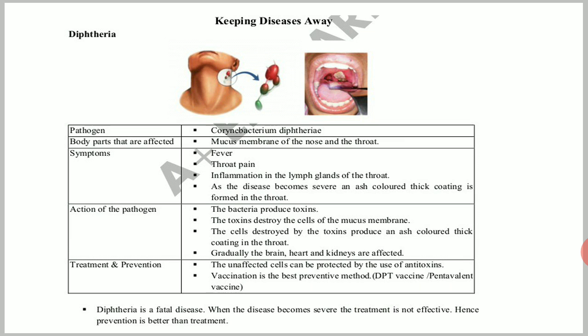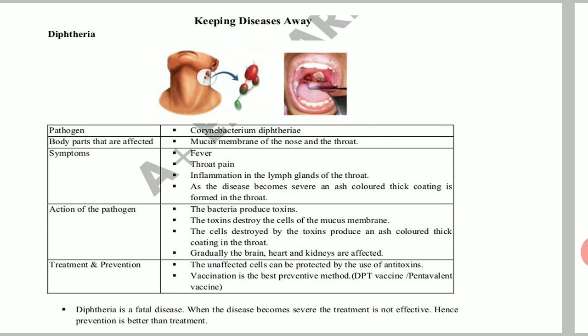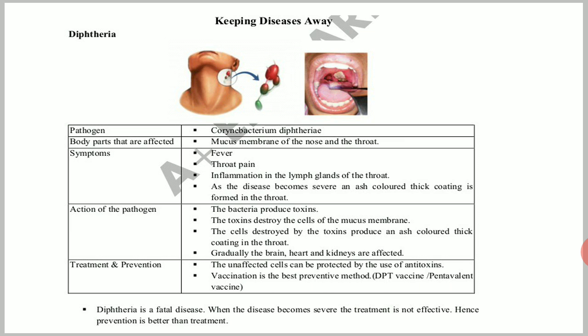This is the mode of transmission. Then symptoms, I told you: fever, throat pain, inflammation in the lymph gland of the throat. Then when it becomes severe, ash colored thick coating in the throat. Then the action of pathogen we discussed. Then the treatment medicine is antitoxins. Then preventive measure is mainly by giving vaccine.